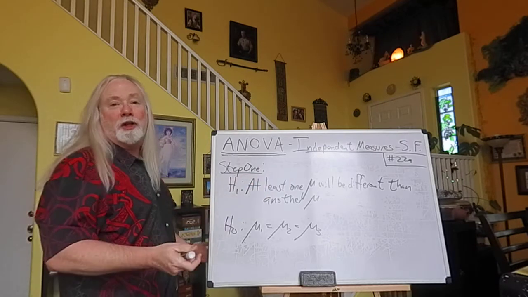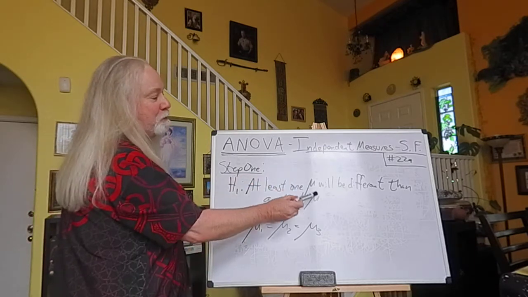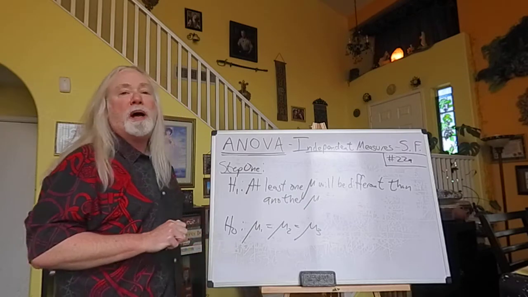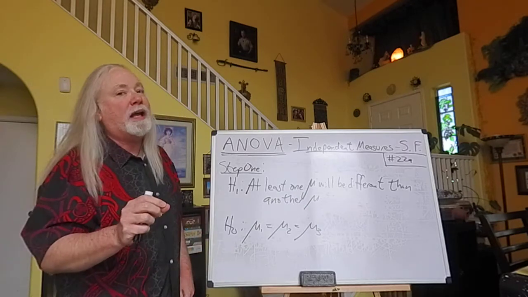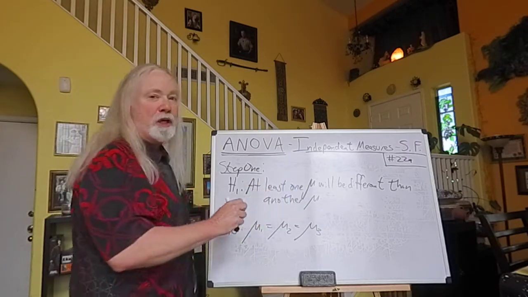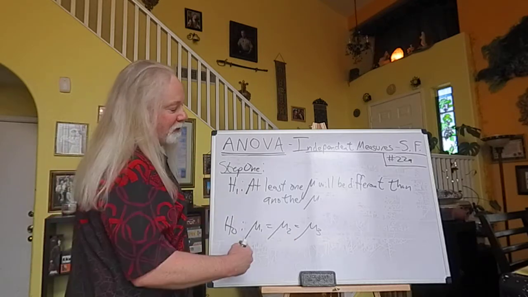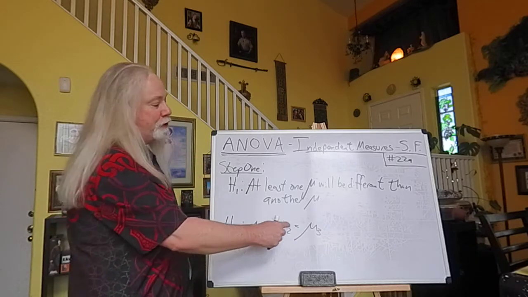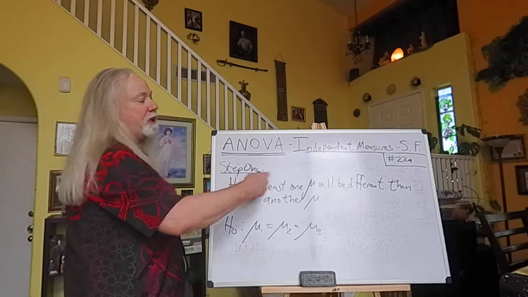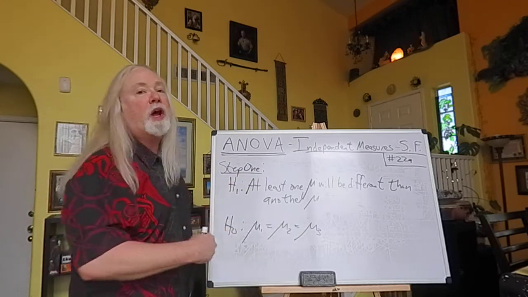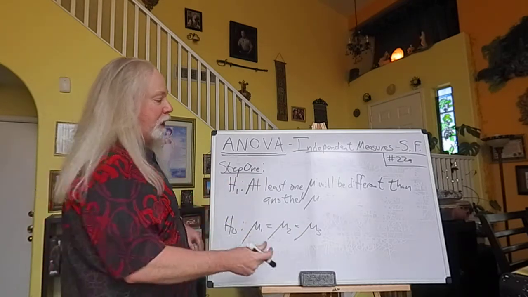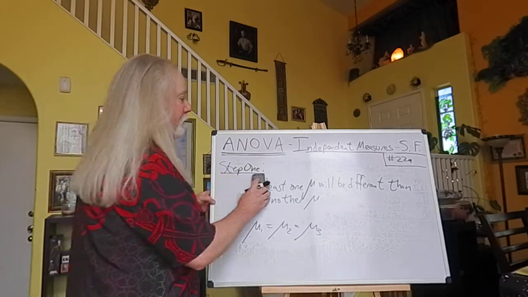It's English. The only derivation is, again, you can switch that mu out for the words treated population mean. Again, no more capital M's, guys. There's either got to be a mu or the English equivalent. And same thing down here. Treated population mean 1 equals 2 equals 3. This says at least one of the groups will be different. This says, no, they'll all be the same as each other. So nothing new to talk about there.